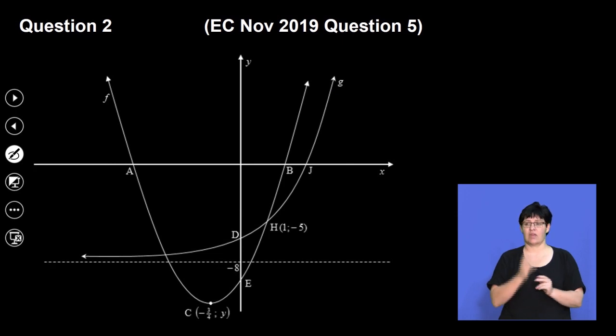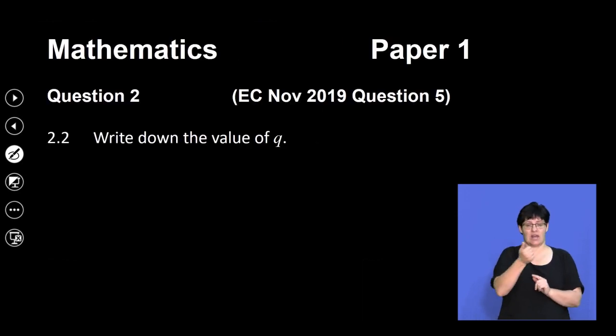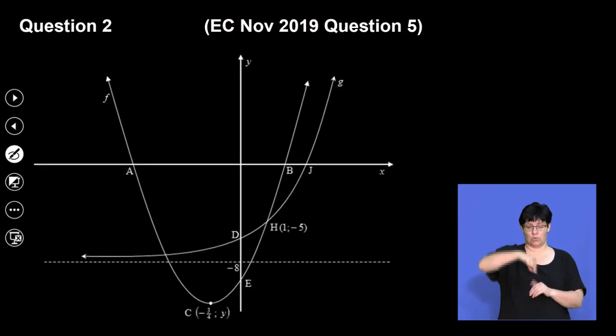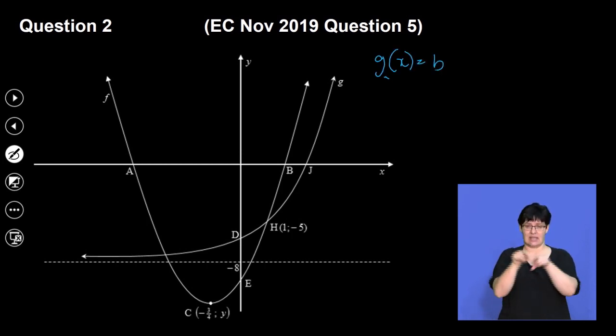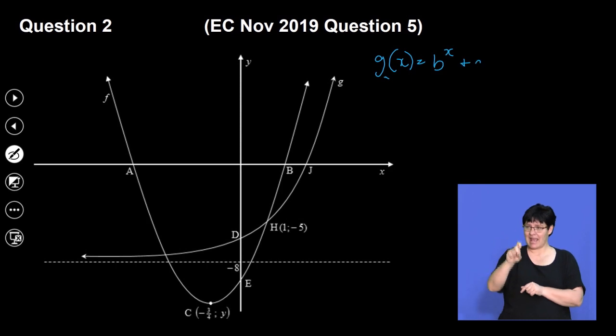Okay, there it is again. We're going to use the diagram for the next question. The next question says, write down the value of q. We were told that g of x is equal to b to the power of x plus q.